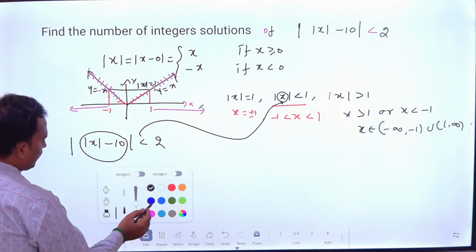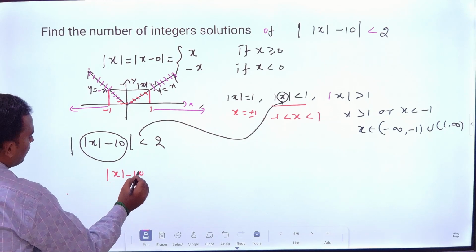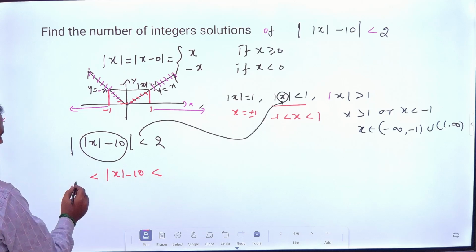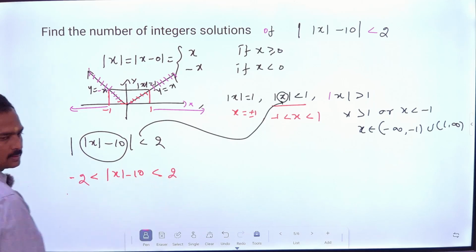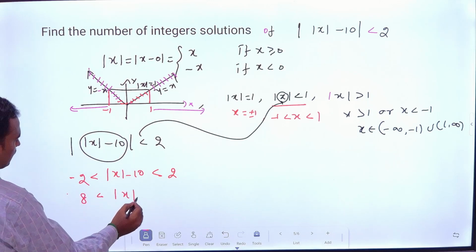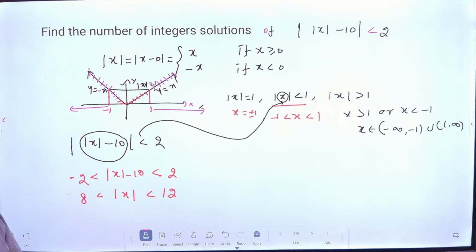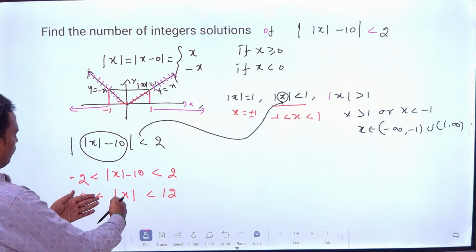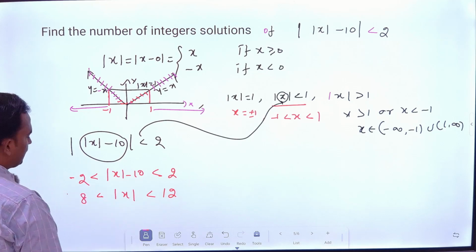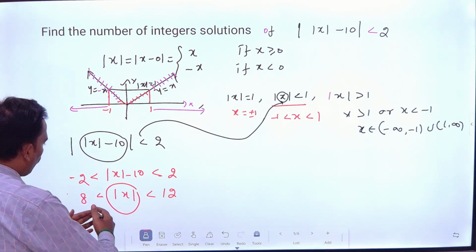So x minus 10 will fall between minus 2 and 2. Now add 10 on both sides: 8 is less than mod x, which is less than 12. Now you have to break this interval.